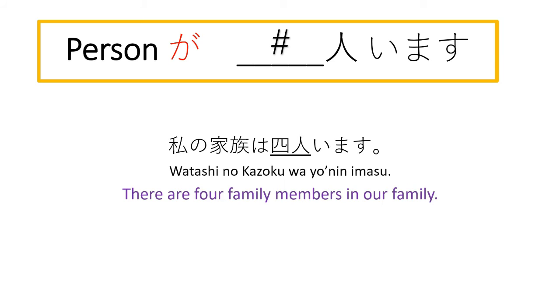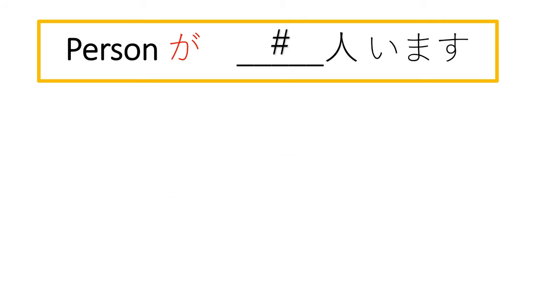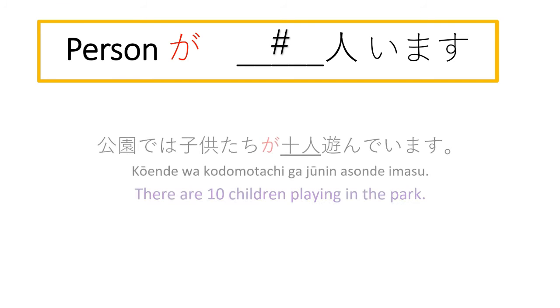But of course, if we translate it in English, we call those people family members. 公園では子供たちが10人遊んでいます。There are 10 children playing in the park.